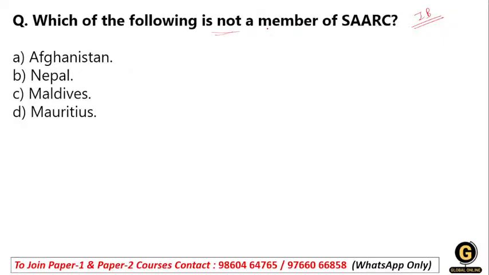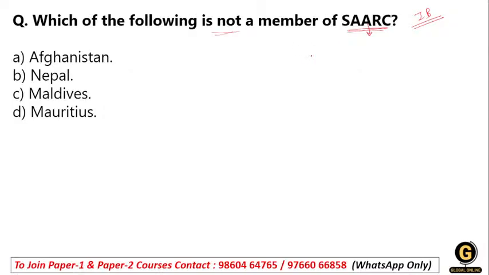This is a simple question, but the options are Afghanistan, Nepal, Maldives and Mauritius. First of all, you have to tell me who the member countries of SAARC are and what the full form of SAARC is.